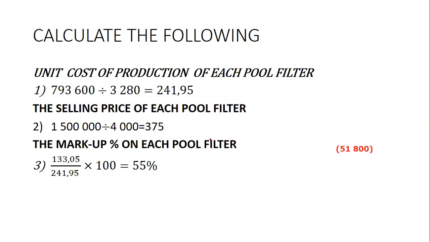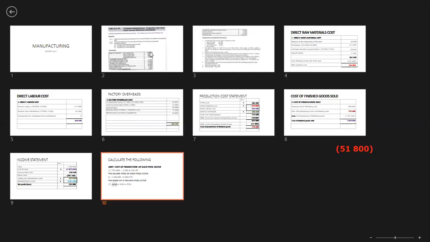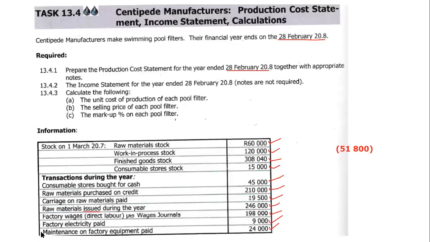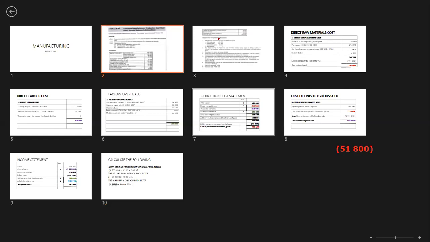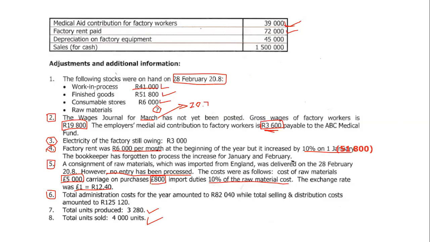Okay. And then they said to you, we need to calculate the selling price of each filter. Where did they get that 1.5 million? Is it from the sales amount?